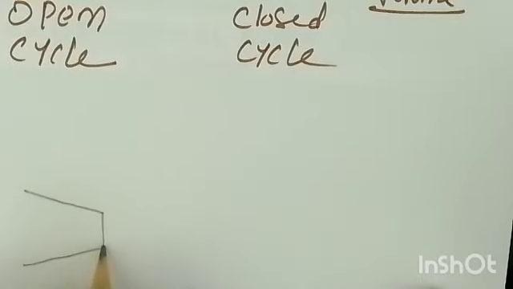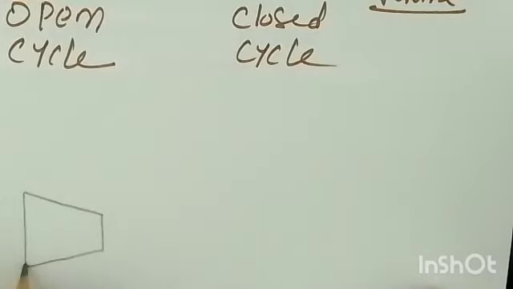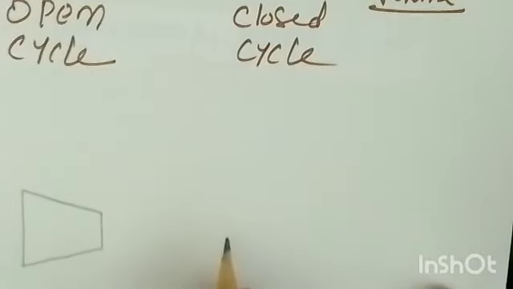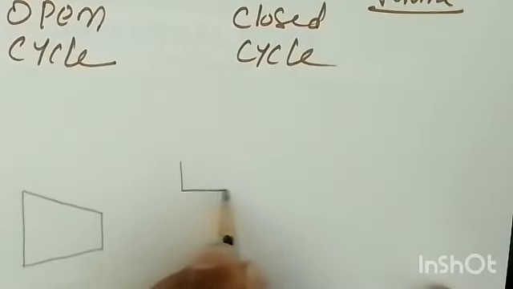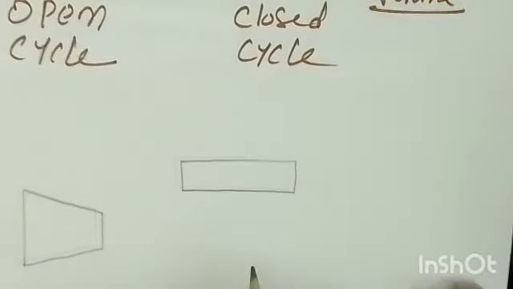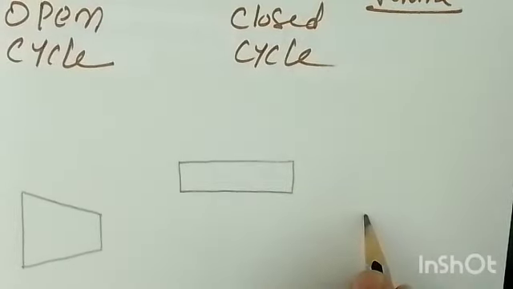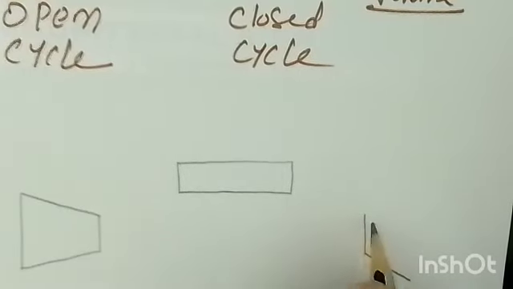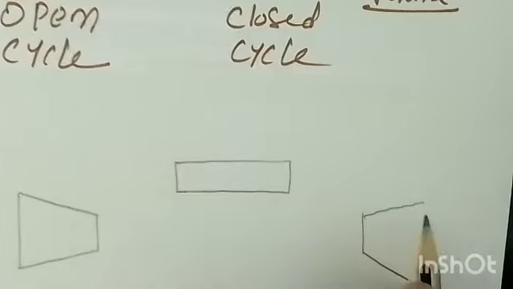This is your air compressor, and here we have a combustor, in which the combustion will take place, and another component is a turbine, that is the gas turbine basically.